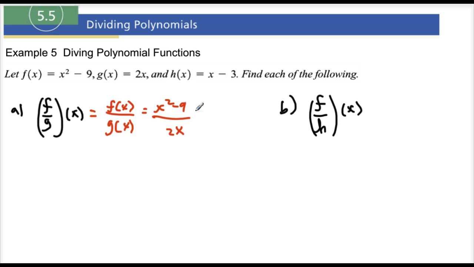Well, no, not really. If you want to divide x squared over 2x and then negative 9 over 2x, you can do that. But this doesn't have a common factor or anything like that, so that would be the final answer right there. There is one thing you do want to note here: you should put a comma and say this is always true for every x, except when x cannot be equal to 0.